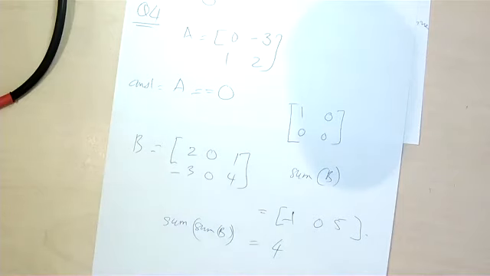And when you say sum of sum of B, it gives you the whole thing, 4. Okay, question.